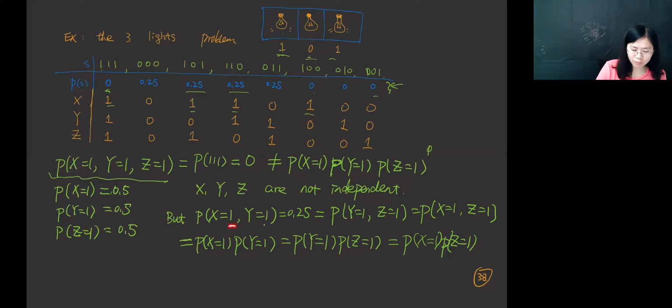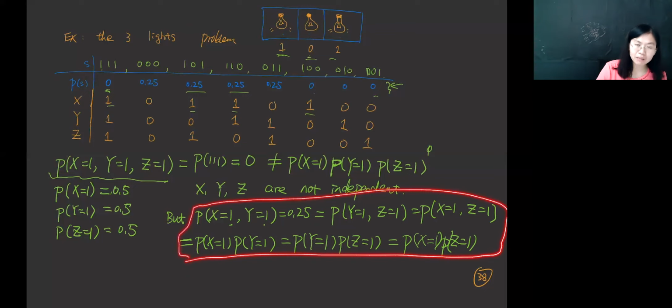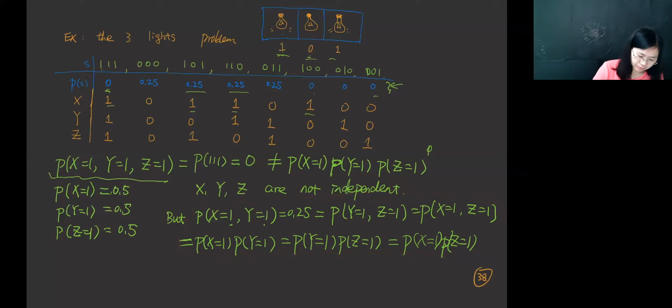You can replace the 1 by 0, 1 by 0, or both 1s by 0s. You can verify that the product rule is always satisfied pairwise for these three random variables. So x and y and z are pairwise independent.